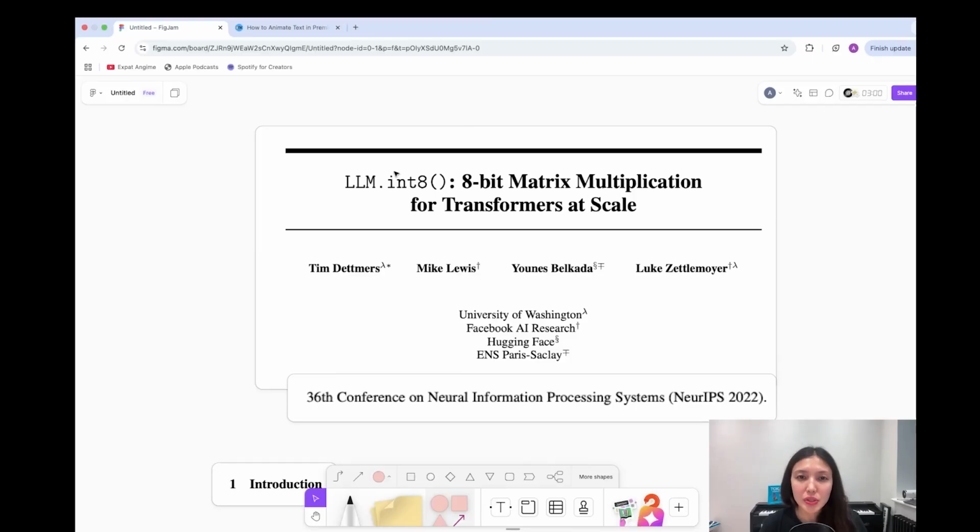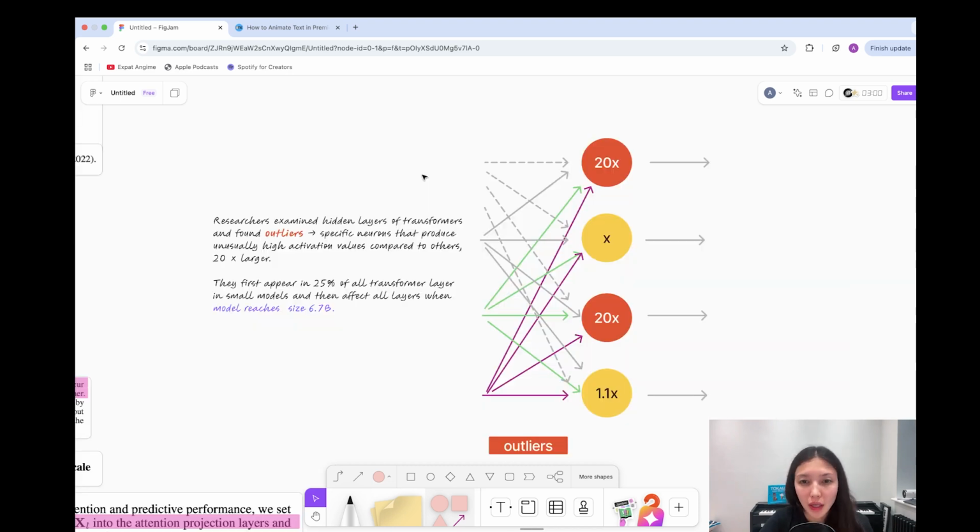Authors first introduce us to a context and talk about another paper called 8-bit matrix multiplication for transformers at scale, written in 2022. Researchers in this paper examined hidden layers of a transformer and found outliers, specific neurons that produce unusually high activation values compared to others, up to 20x larger.